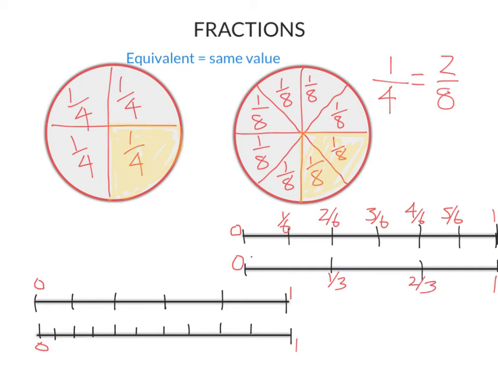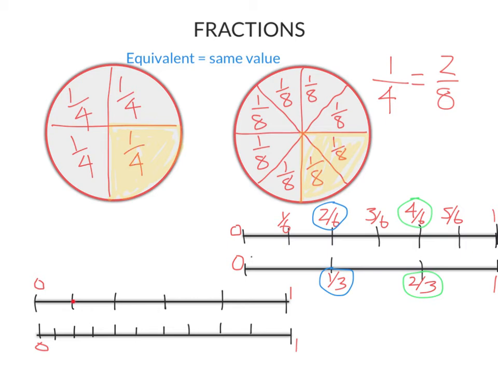So what we can see here is that 2/6 and 1/3 are equivalent fractions. If I give you 1/3 of my chocolates, you will get exactly the same number as if I give you 2/6. Equivalent fractions occupy the same place on the number line. Similarly, 2/3 and 4/6 are equivalent fractions. They both have the same value and occupy the same position on the number line.